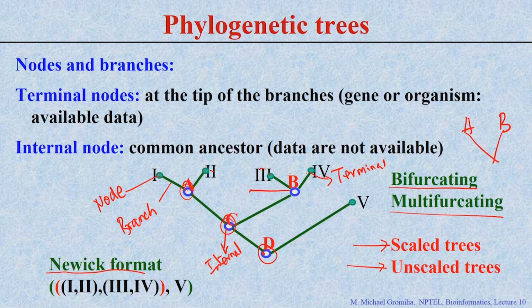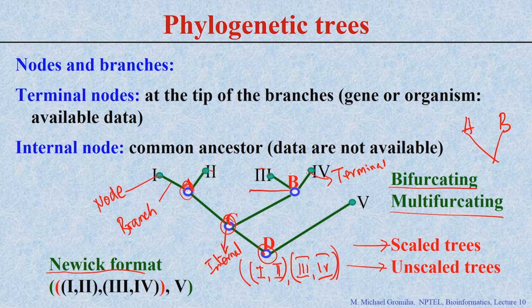For example, if you see this tree, 1 and 2 are close to each other, and then 3 and 4 are close to each other. These two are close to each other, this is node A, and here these are close to each other, this is node B, but these two are close to each other. So, now you can say these two are close to each other.